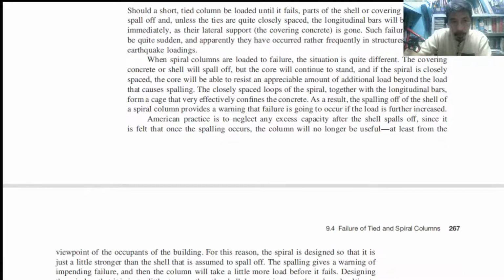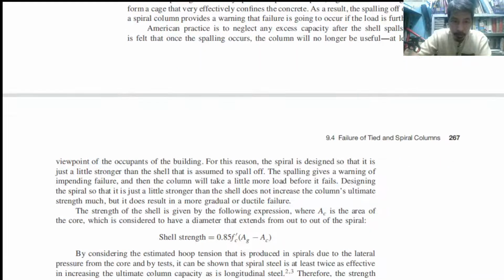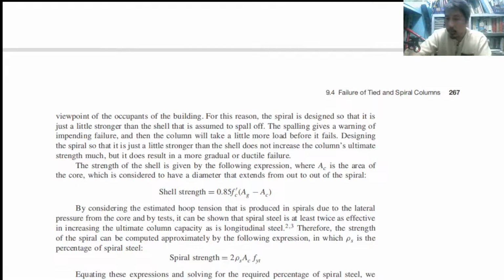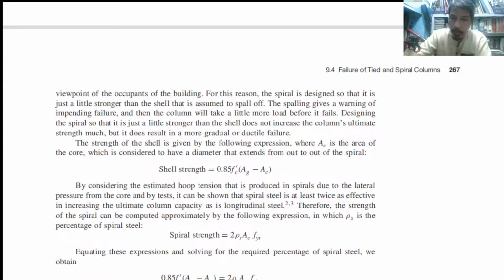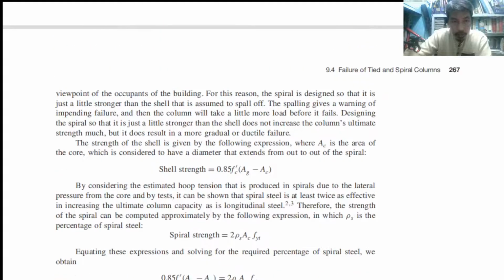Failure of tied and spiral columns. We have, of course, different factors. Okay. So I think for tied column, phi is 0.65, and for spiral column, phi is equal to 0.75. Okay. So we have different formulas for shell strength.